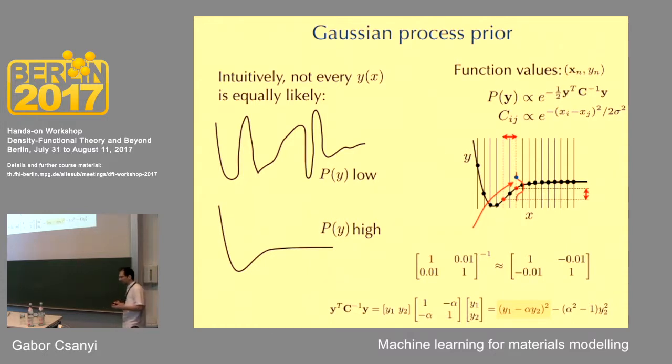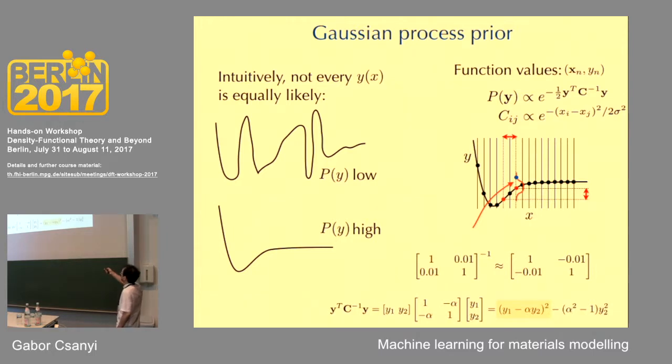If you go through that mathematics, you discover that that statement of what is a high probability function and what is a low probability function is related to the kernel. So the basis function that we use to build up our approximation is intimately related to what we think are high probability functions.